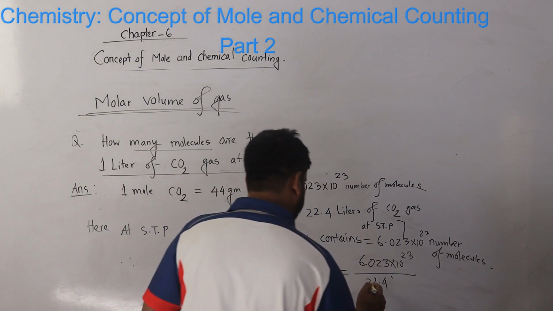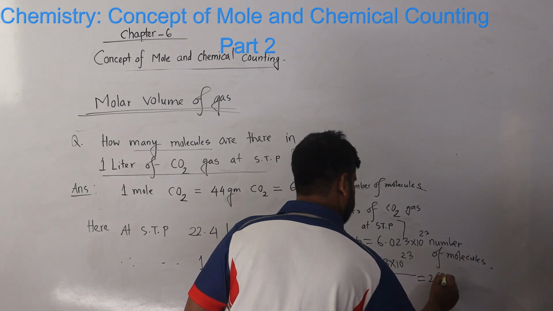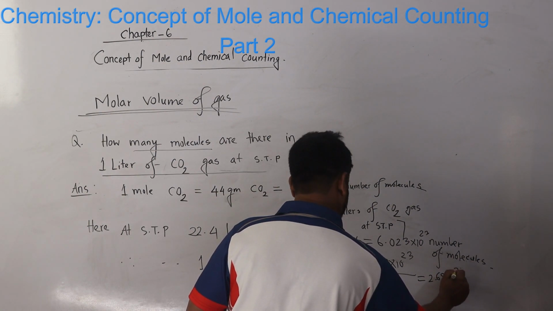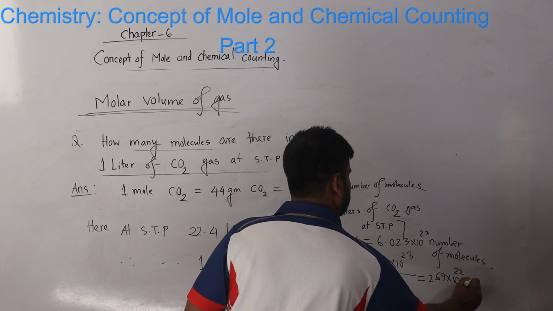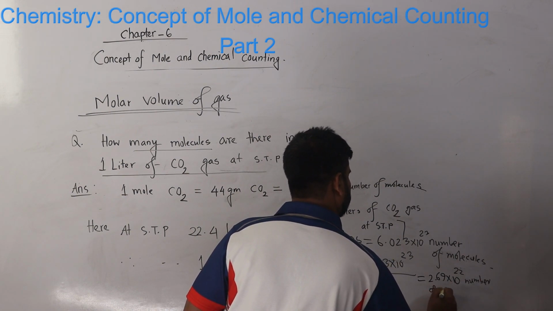So after calculation, the result is 2.69 × 10^22 number of carbon dioxide molecules.